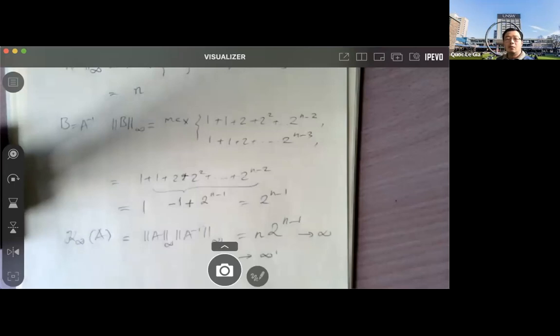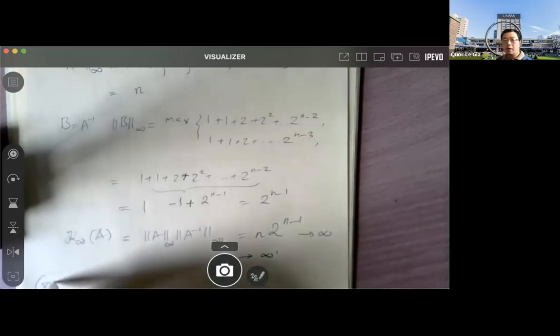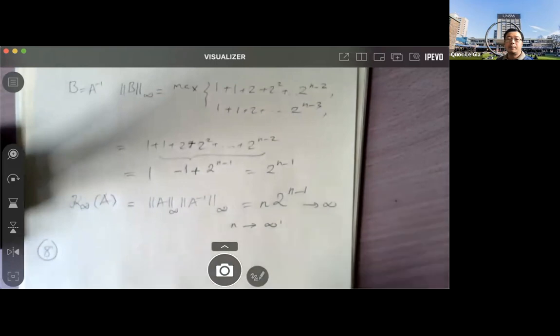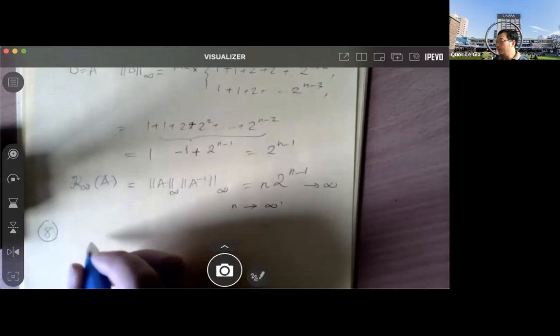And now, the next question is in another direction. So now show that there is a matrix where the determinant can grow to infinity, but the condition number is fixed. So can you do that? So give an example, okay?